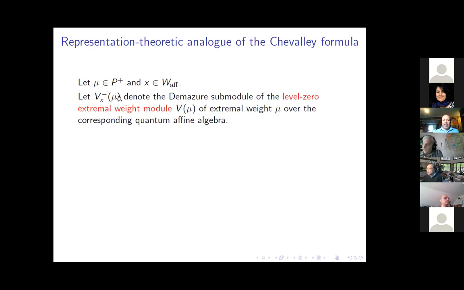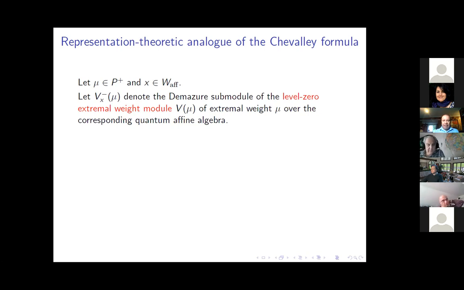And then this has a certain Demazure submodule, which is indexed by this element X in the affine Weyl group. So the Demazure module is defined in the usual way as a module for the corresponding Borel algebra.